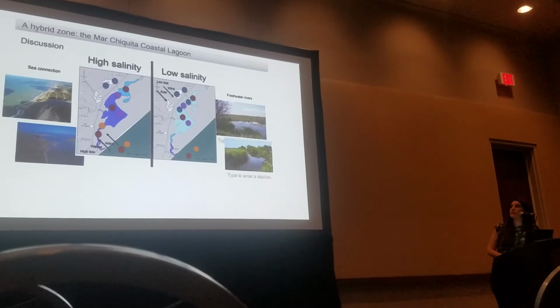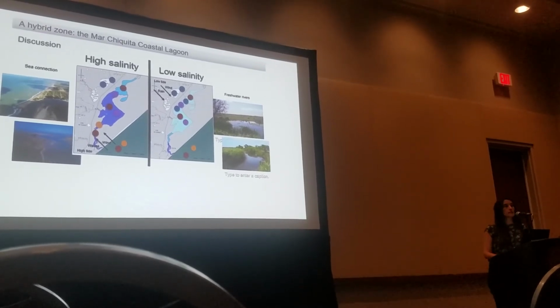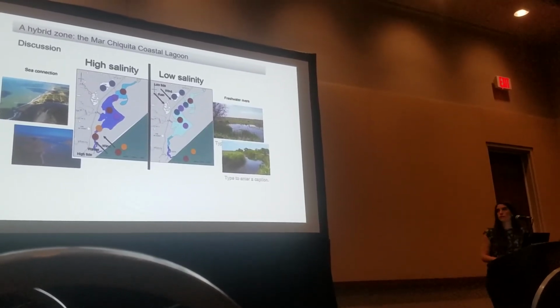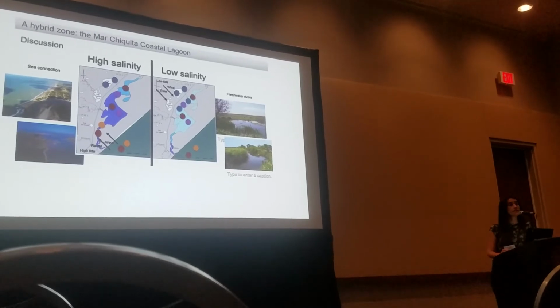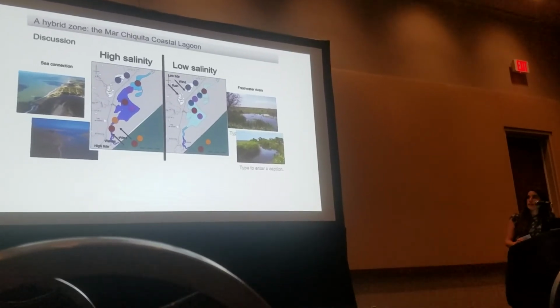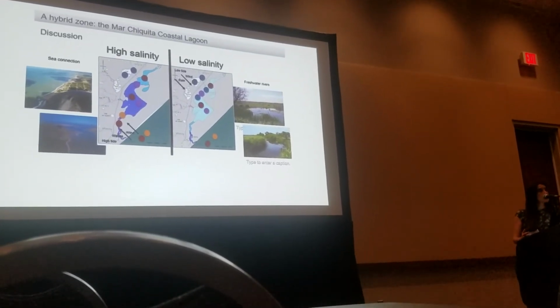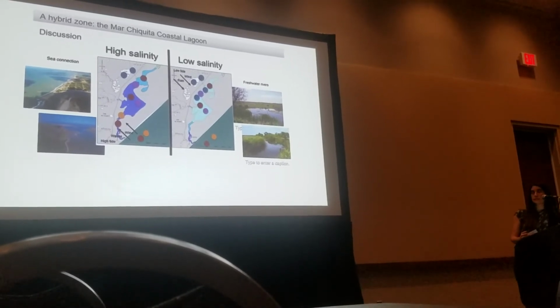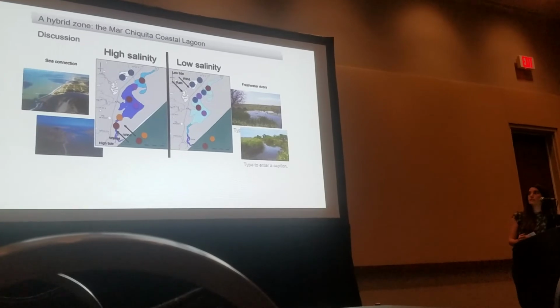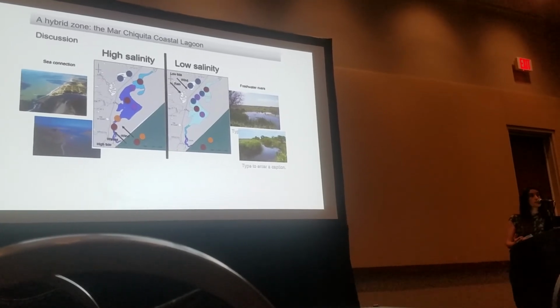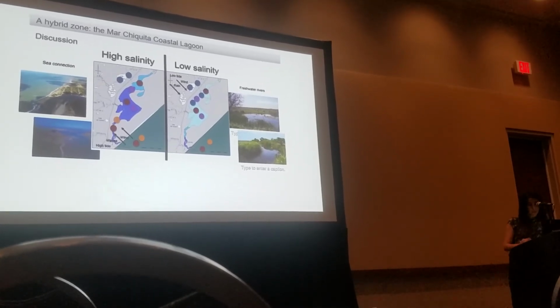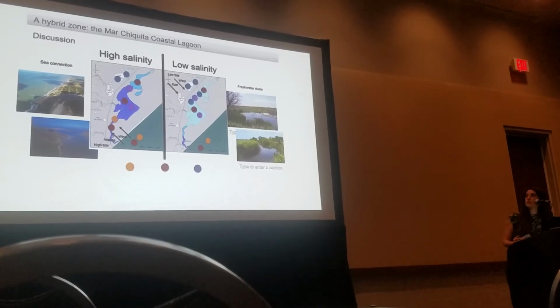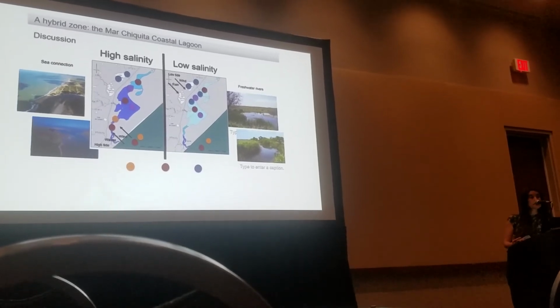So now we can discuss 2 different situations. One is when the salinity is high. In this case, the marine species can enter the lagoon. The other situation is when the salinity is low, and here the freshwater species can enter the lagoon. So these 3 species can be sympatric.